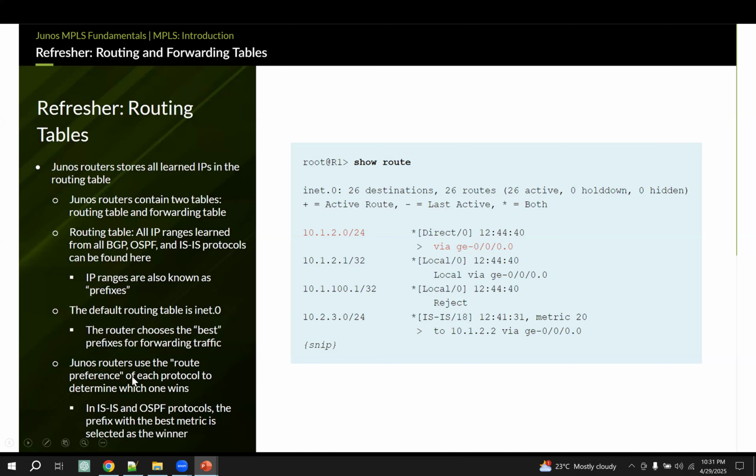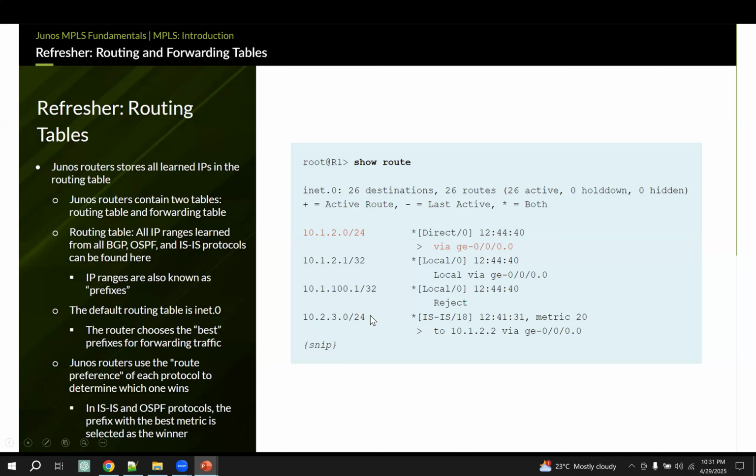Junos routers use the route preference of its protocol to determine which route wins. Every protocol uses a protocol preference. Like see here, the direct route preference is 0, local preference is 0, ISIS preference is 80, BGP preference is 170.